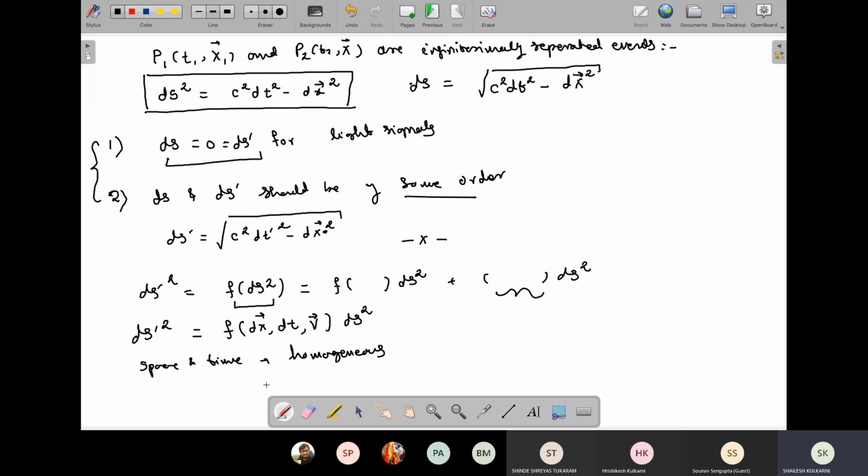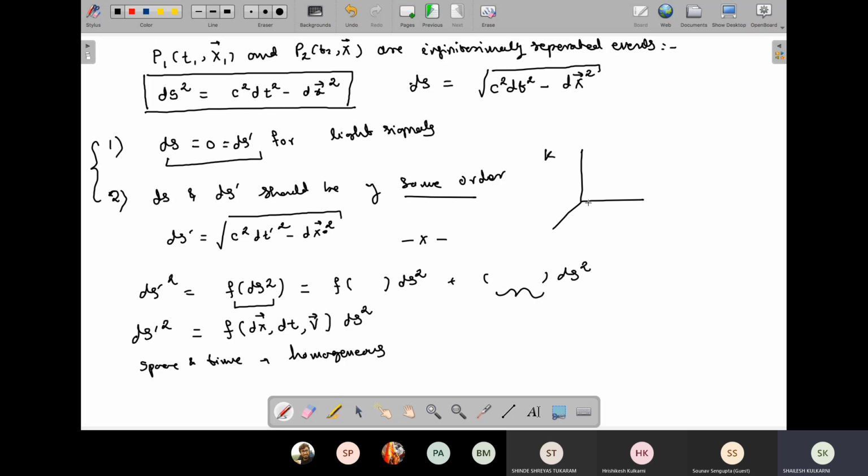Suppose I have coordinate system K, and I take a rod. I'm explaining the homogeneity in space; a similar argument holds for homogeneity in time.